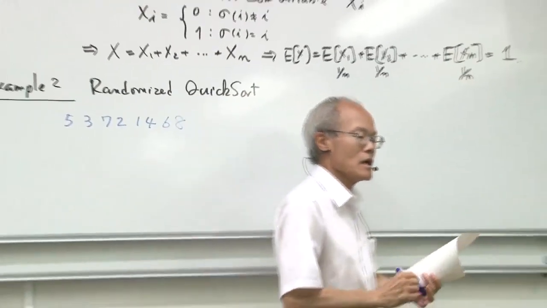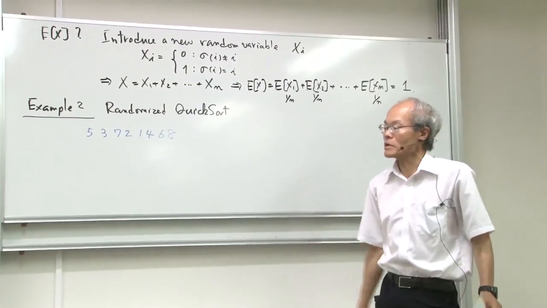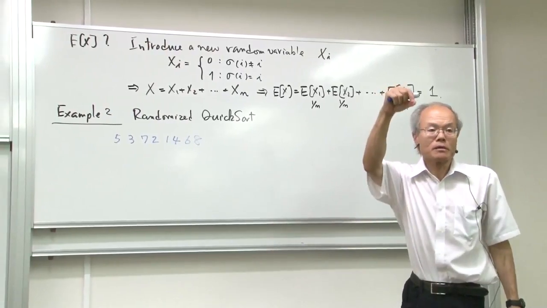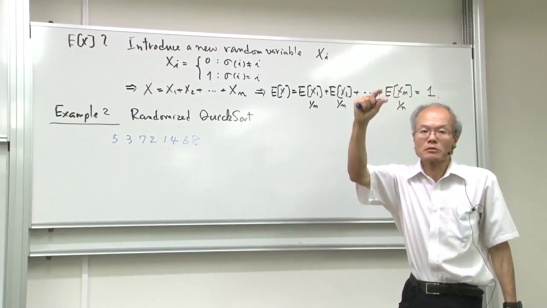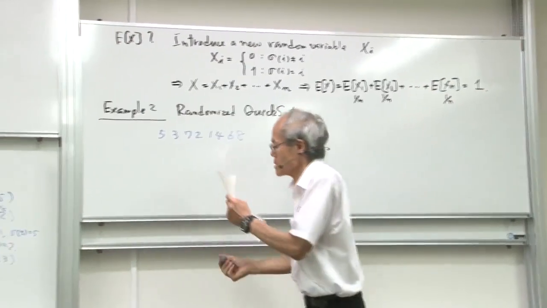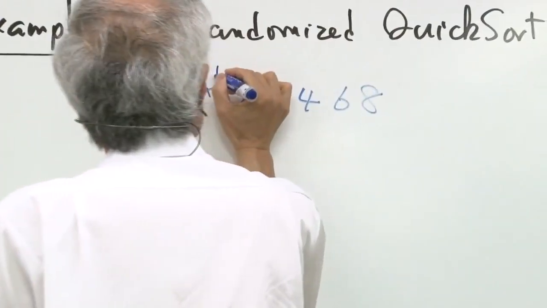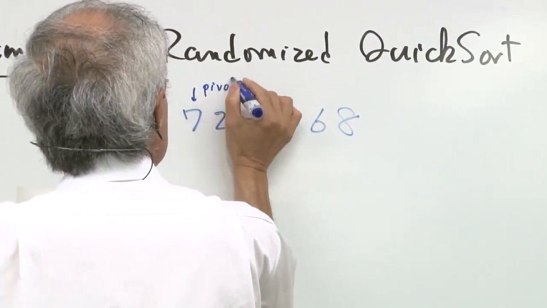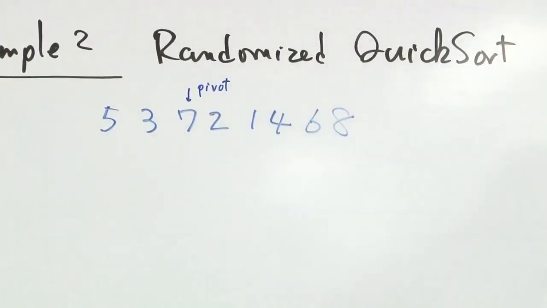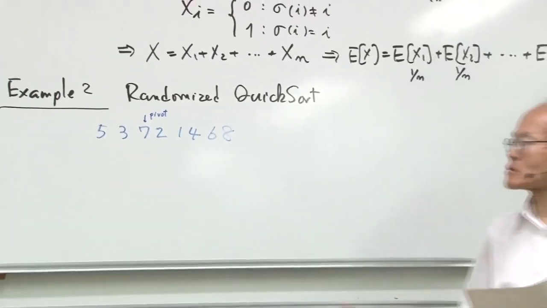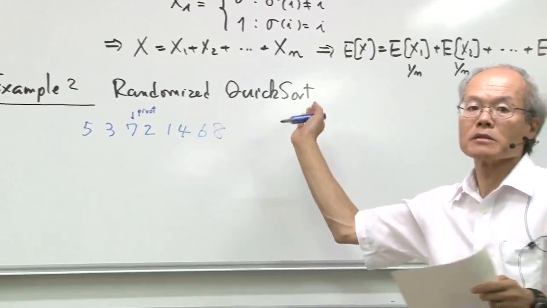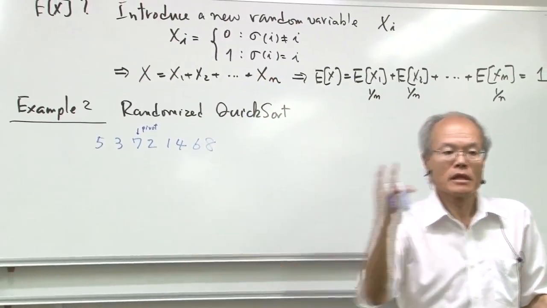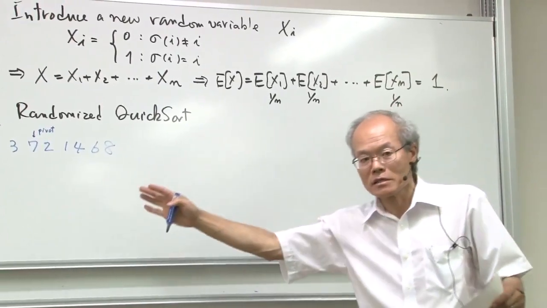You are given a sequence of numbers, then just pick one number at random, maybe 7. This is called the pivot. Then what you do is compare all other numbers with this 7 and divide them into 2 groups, less than 7 and greater than 7.